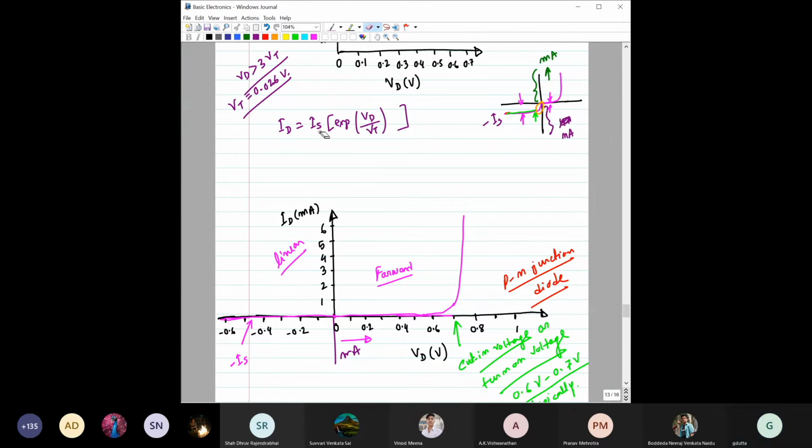Now say if I increase this VD by 60 millivolt, can you comment on how much will be the change in ID?